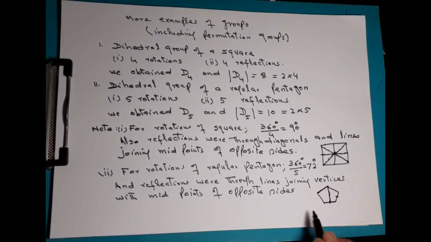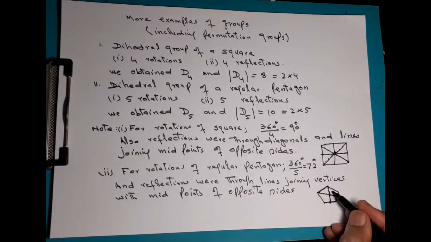We take the midpoint of this opposite side and join this vertex with it. Similarly, we join this with the midpoint of the opposite side.